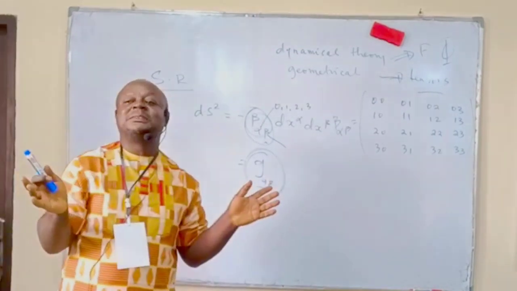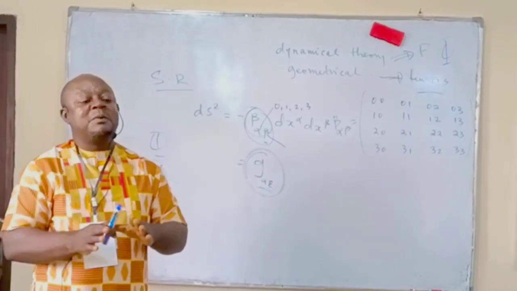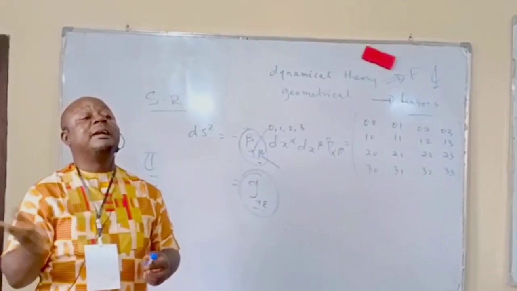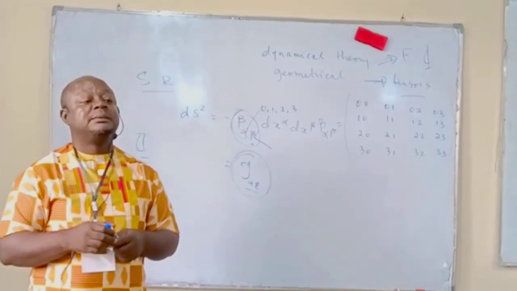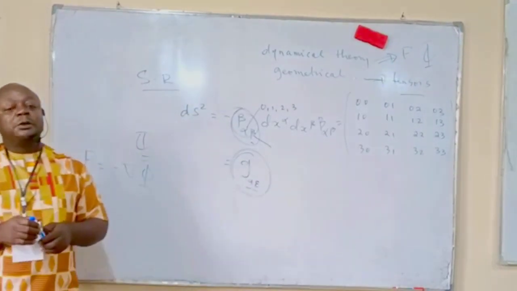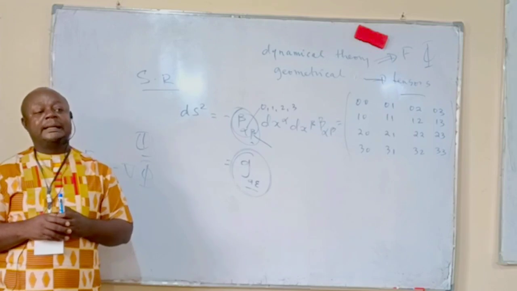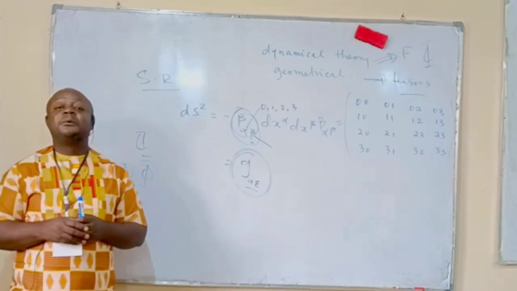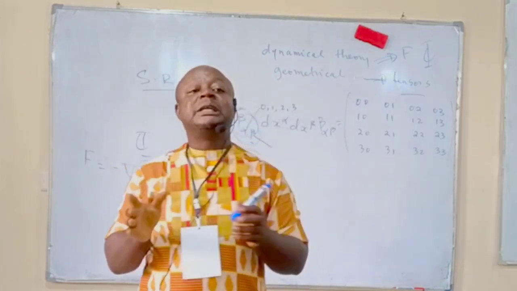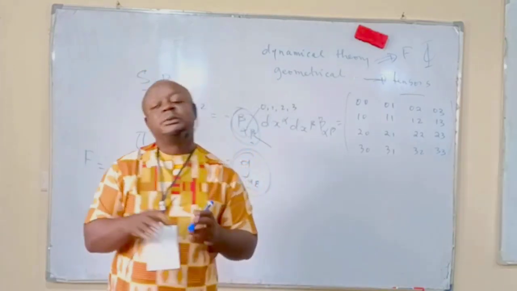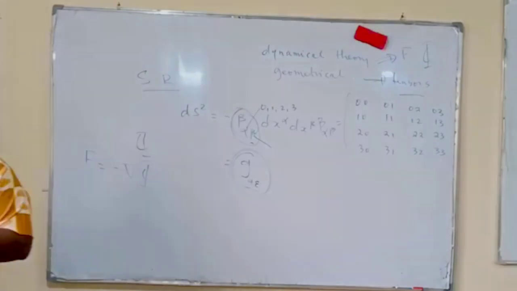Once you have the metric tensor, any other thing about the gravitational field, you will get it. So what we are going to do a bit later is that we already have a metric tensor, so we are going to use that metric tensor to see what we can do with it.